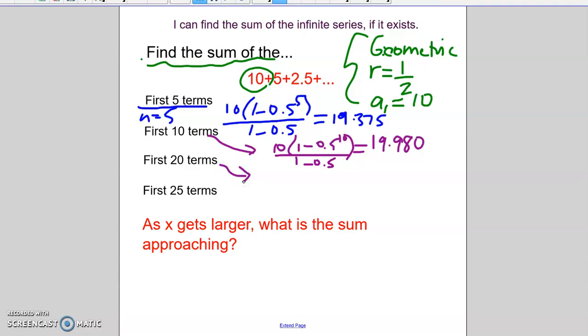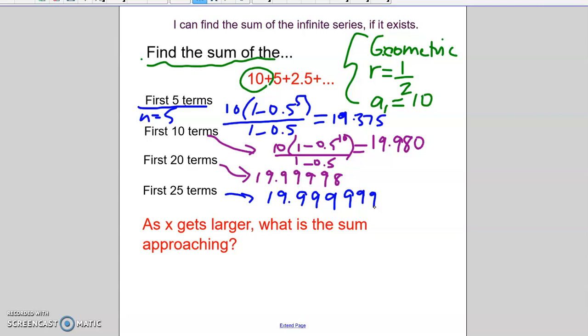If you were to actually calculate this, the sum of the first 20 terms would be 19.999998. And then for the first 25 terms, we get 19.999 and another 3 nines.